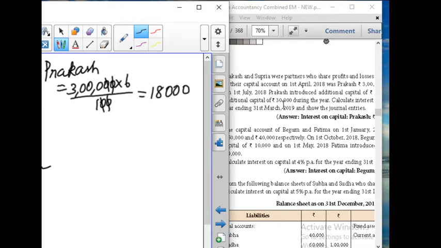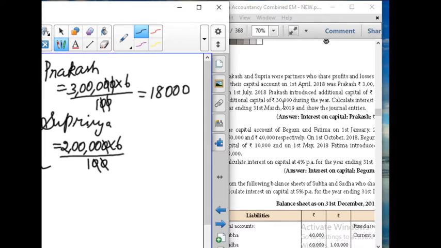Next one, Supriya. What is the capital amount? 2 lakhs. Into 6 divided by 100. 0, 0 cancel. 12,000. So, this is the total interest.